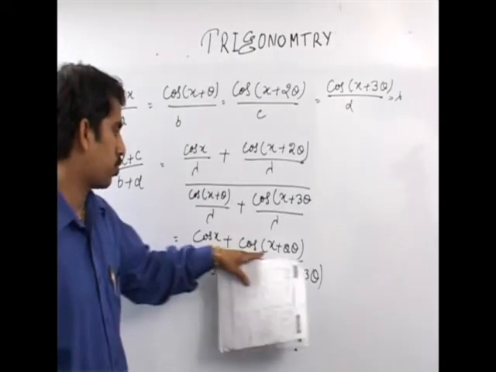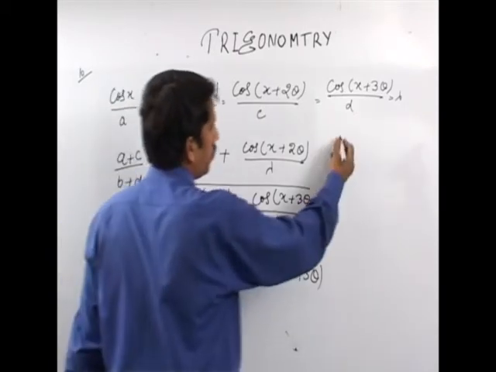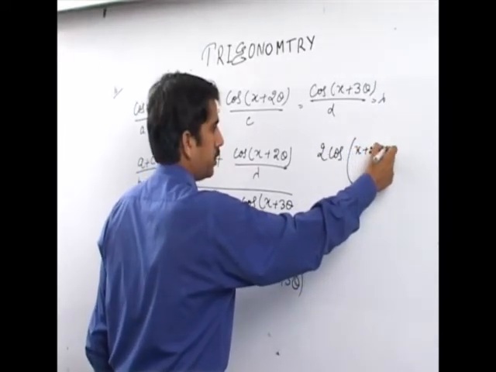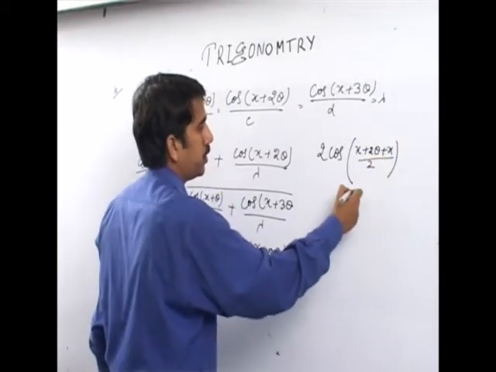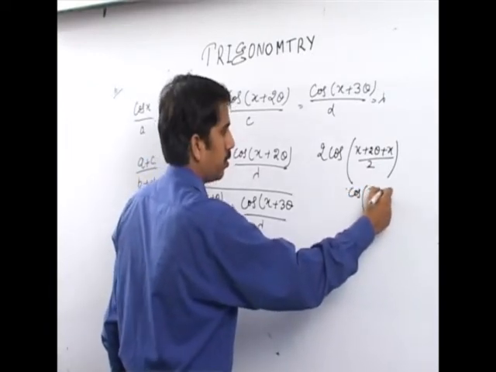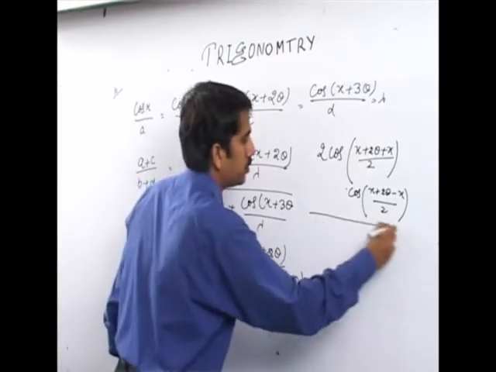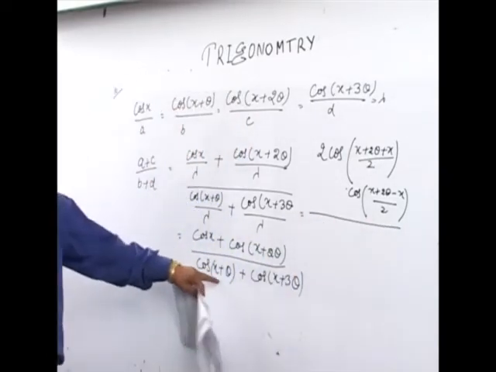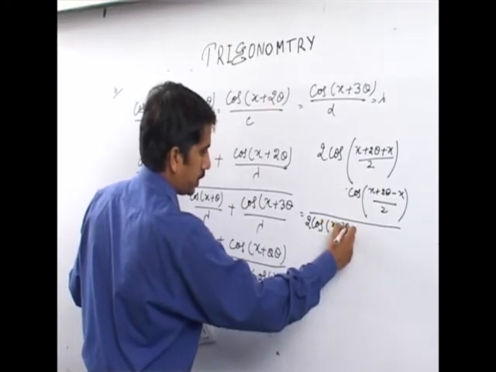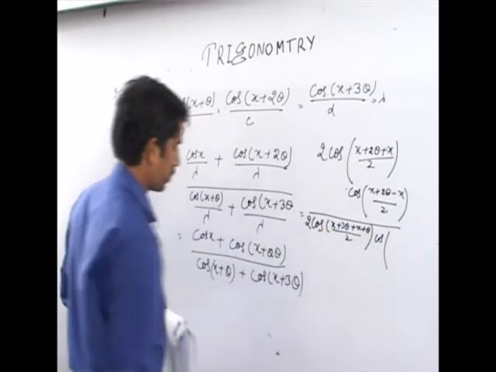Now this is cos C plus cos D. So cos C plus cos D, we can take either side, this is 2 cos of (C plus D) by 2 into cos of (C minus D) by 2, whole over, this is again cos C plus cos D, so this will be equal to 2 cos of (C plus D) by 2, with x plus 3 theta and x plus theta divided by 2, and cos of (C minus D).